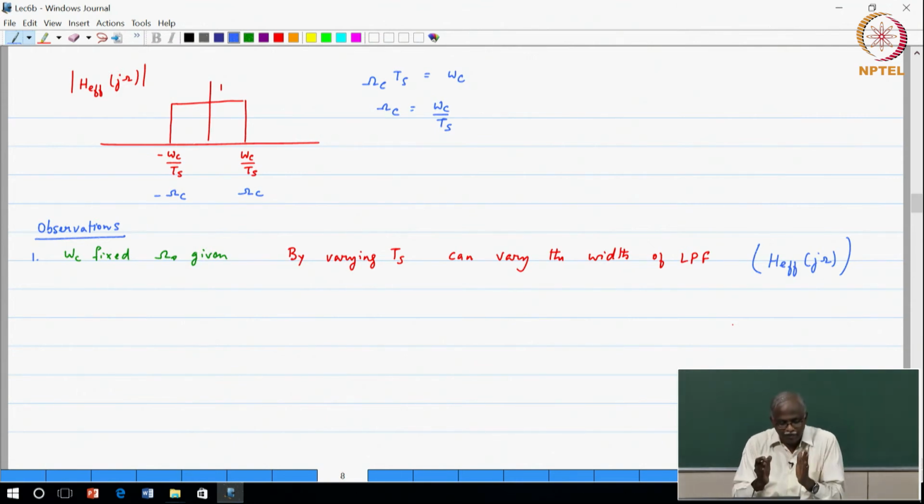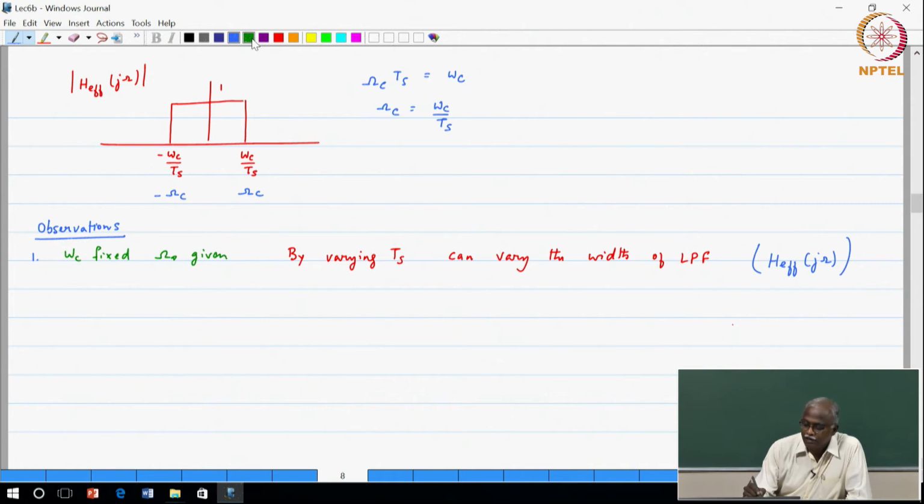If you want it very narrow, you would choose a large value of Ts, which means a lower sampling rate. If you go the other direction and choose a small value of Ts, you allow more of the signal to pass through.